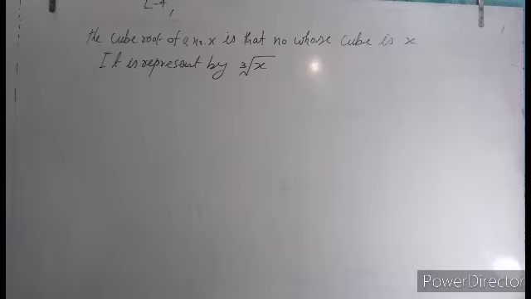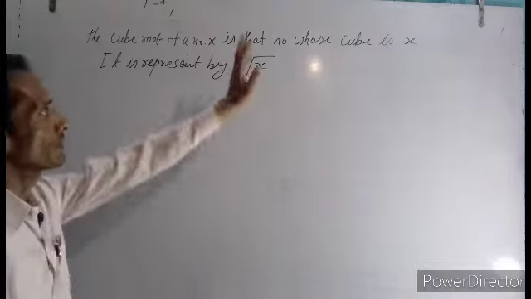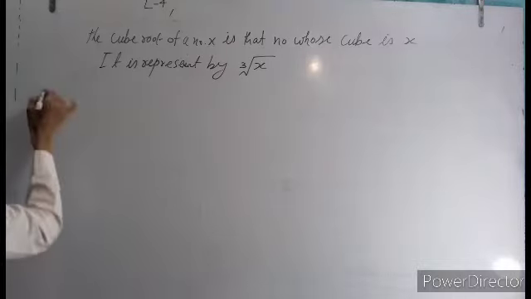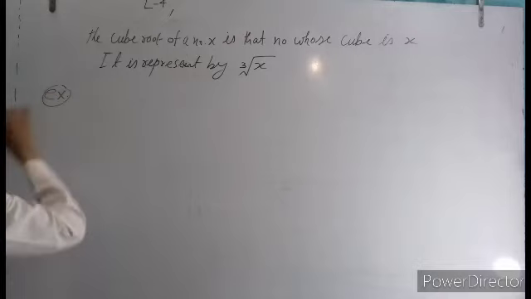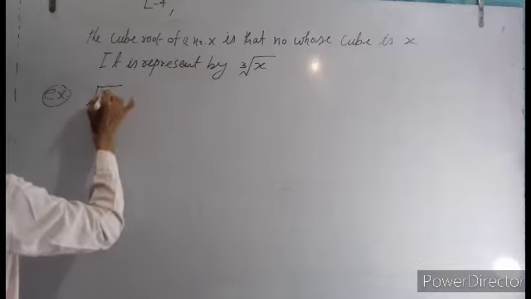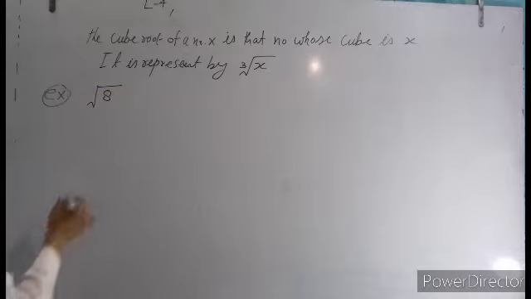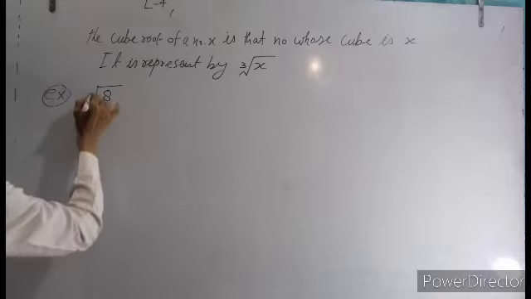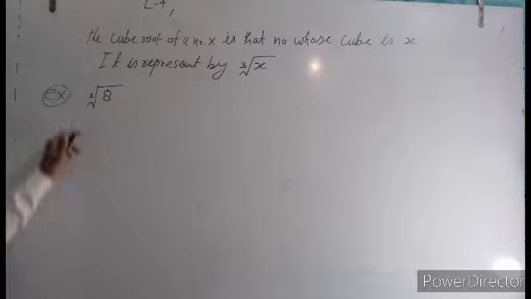Suppose you are given the example: find the cube root of 8. You can see the root symbol over 8. If the number written is 3, it means cube root.